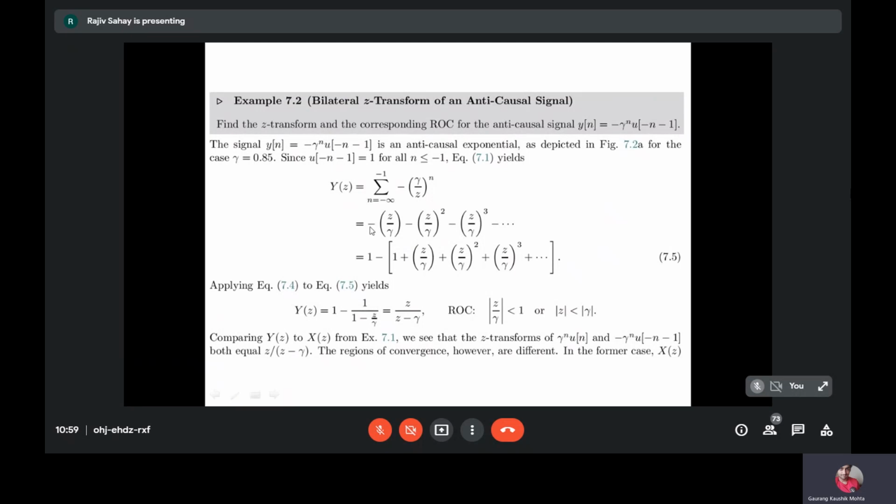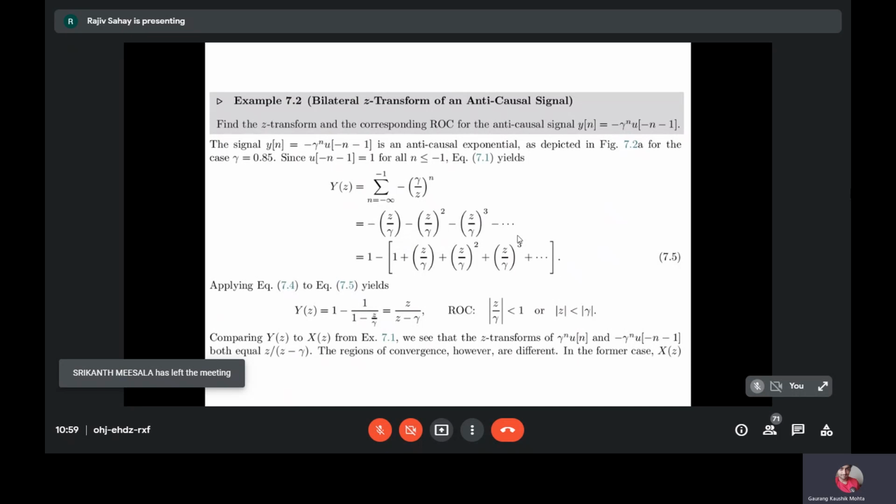Again, you see there is an inversion here, z by gamma. You are taking n prime equal to minus n and making this index 1 to infinity. That's why there is an inversion here. Or if you put n equal to minus 1, this will become inverse. Whichever way you want to imagine it.